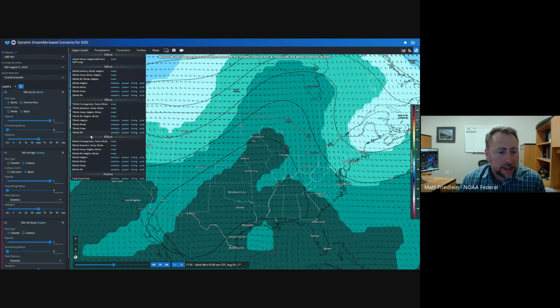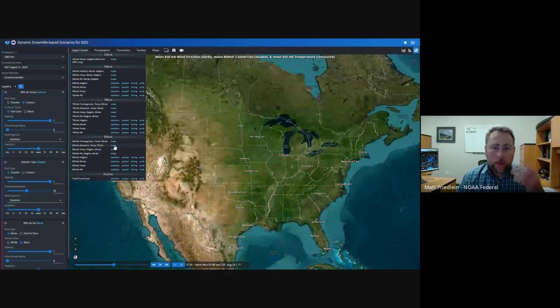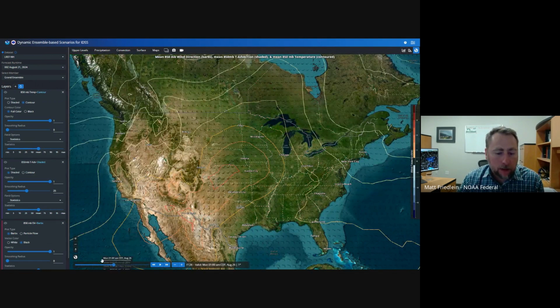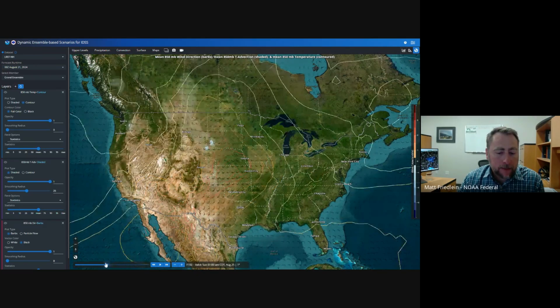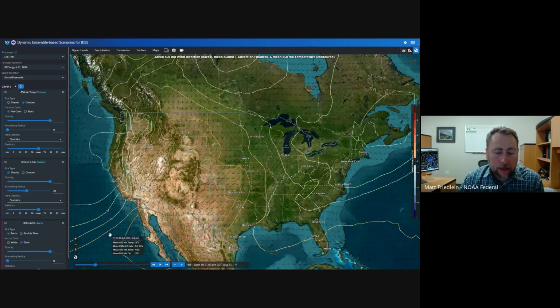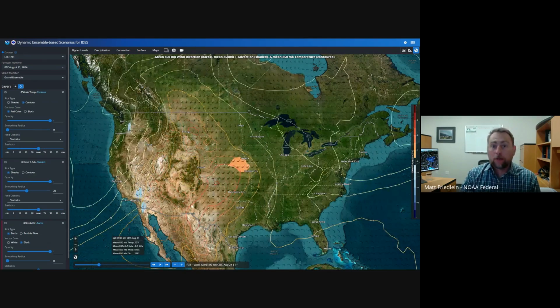So looking at just conceptuals here, we'll take a look at the 850. Given what we've looked at with the 500 millibar ridge placement, it would not be surprising to know that a low-level thermal ridge is of interest here for potential heat, and looking at that and just quantifying that. So this is a look at the 850 millibar temperatures and the advection as an area there.